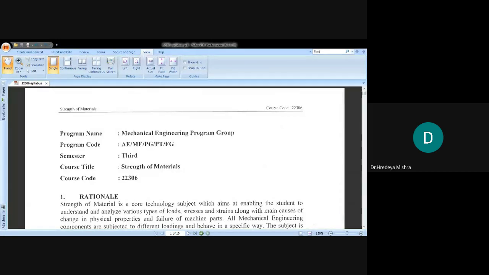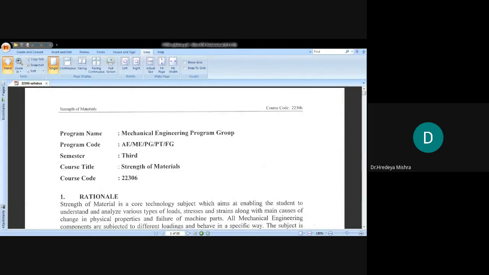So why is this life given? Take a fan, for example. It runs for a life of 5 years with a particular load, meaning an optimized load. The manufacturer says that your fan life is 5 years with a load of 240 volt.